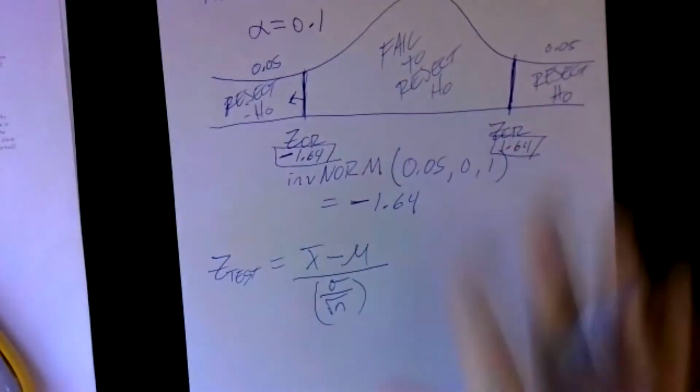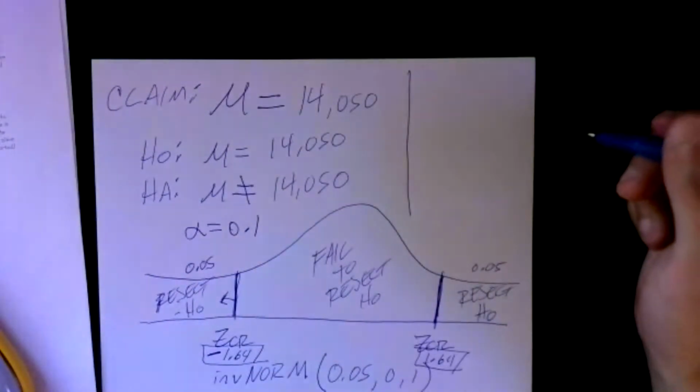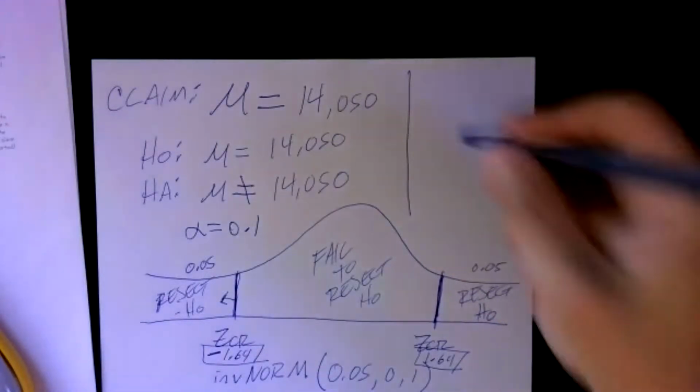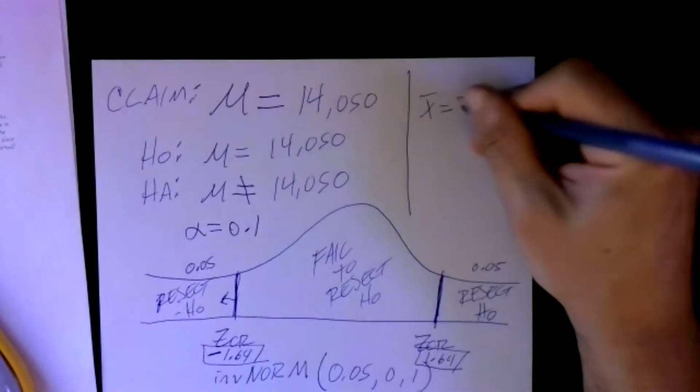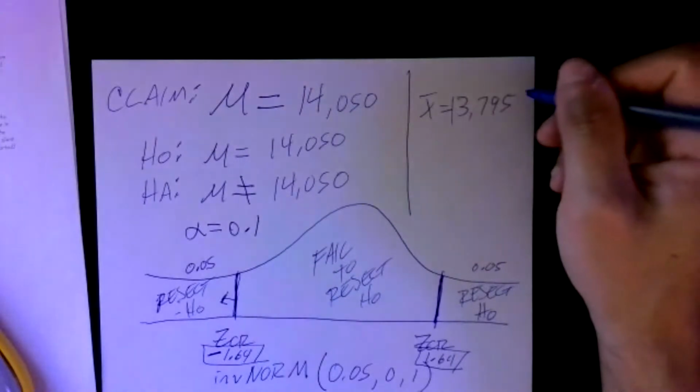Okay, now let's go back and dissect this problem. In a random sample, the mean cost is $13,795. So the sample mean is 13,795.